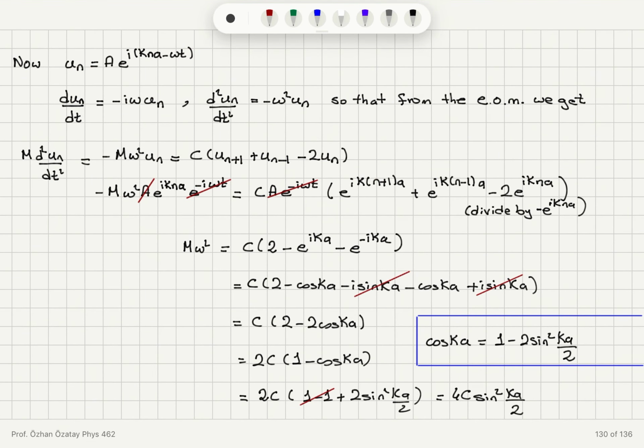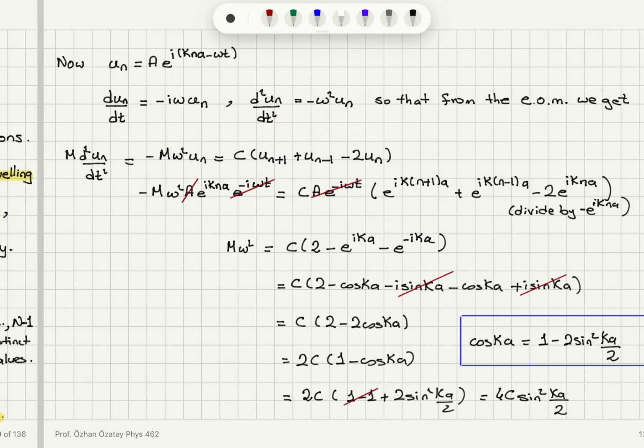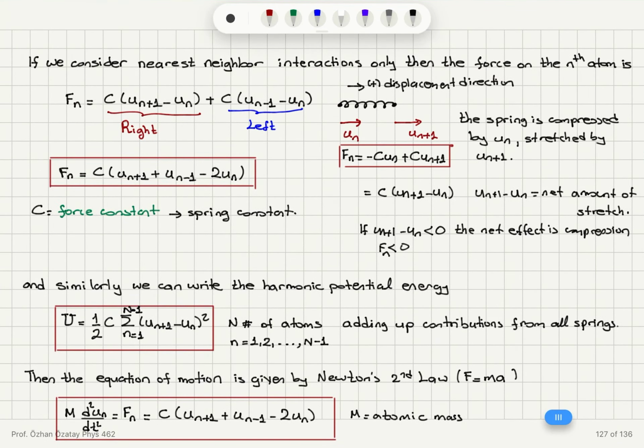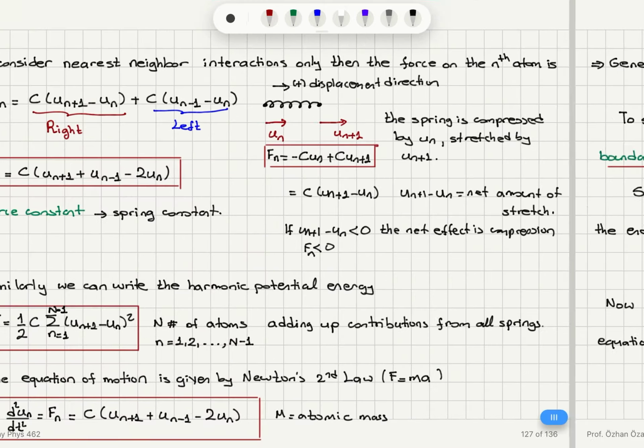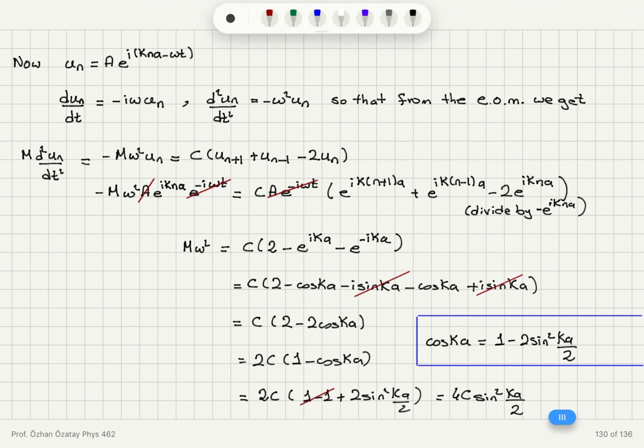Okay, and now if I substitute this solution into the equation of motion, I will find the omega versus k relationship. So for that, I go back to the equation of motion. The equation of motion I obtained was this: M d squared u_n over dt squared is equal to the spring constant C times (u_(n+1), the n plus 1th atom displacement, plus u_(n-1), the n minus 1th atom displacement, minus twice the nth atom displacement from equilibrium).